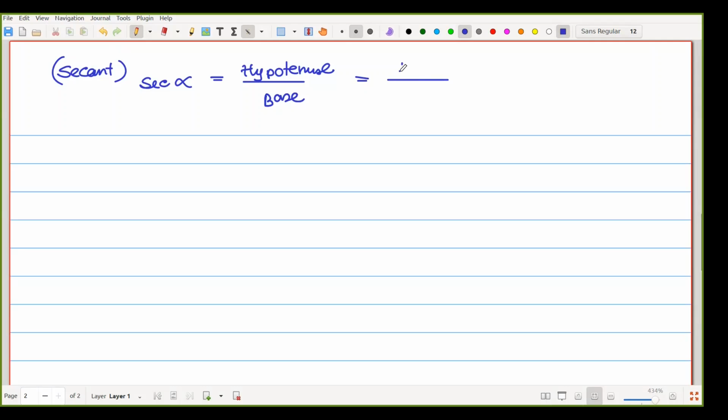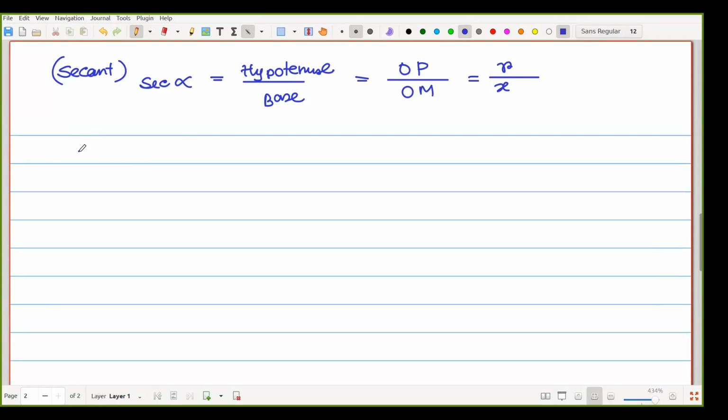Next two are, another one, secant, which in short is called sec with reference to angle alpha. Secant means hypotenuse divided by base. So that means OP divided by OM, or hypotenuse means r, base means x.